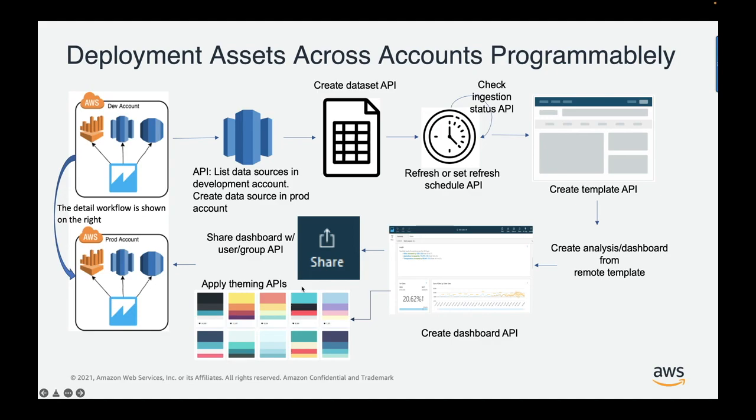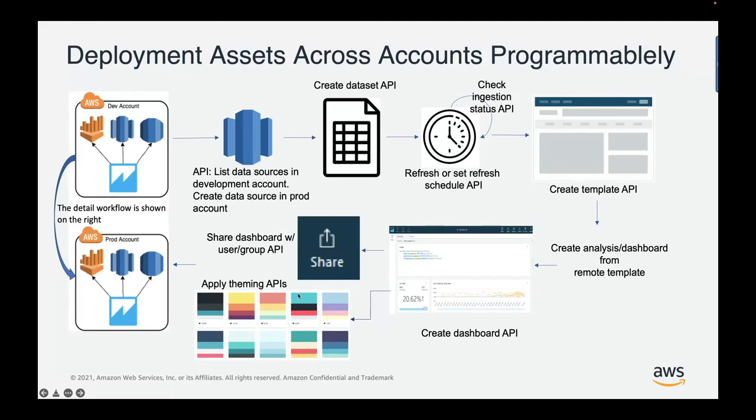In BI ops, we only focus on how we can deploy the assets across different accounts. We always by default set the owner of those QuickSight assets in the production accounts as the admin user of your production account. If we would like to set up a comprehensive namespace, group and user management, and access control, please wait for the third topic. We will leave everything about security configuration to the third topic.